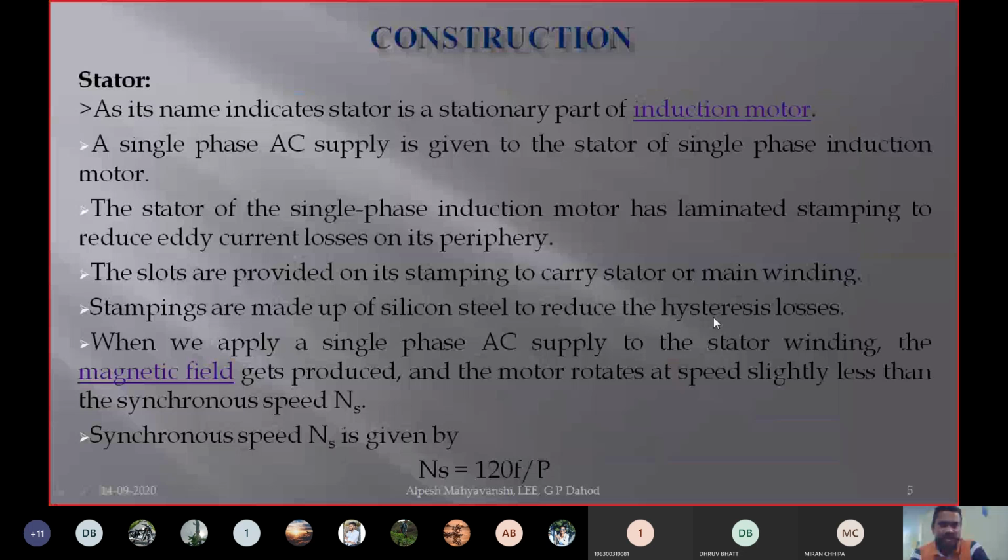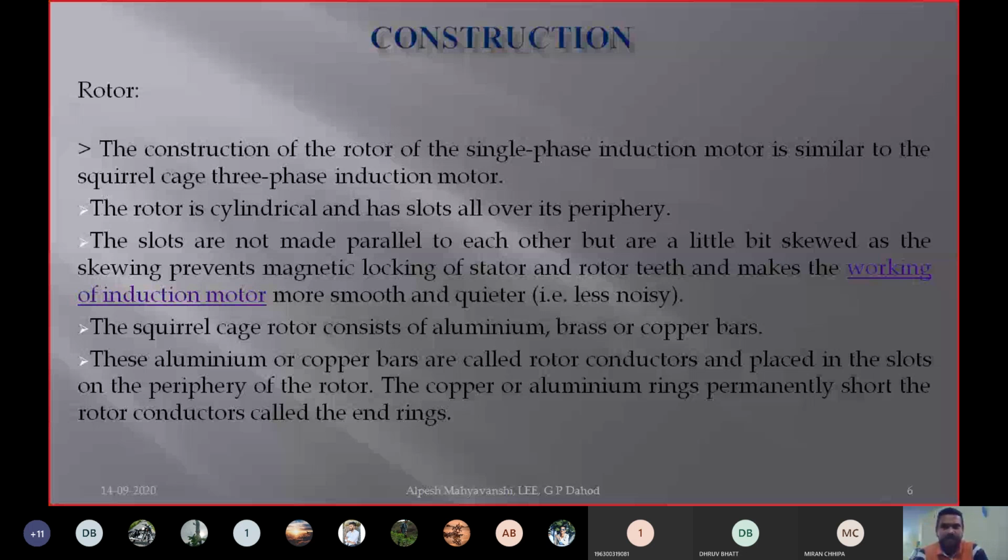Which type of bars are used? Aluminum, brass or copper material is used. The aluminum or copper bars are called rotor conductors and are placed in the slots on the periphery of the rotor. The copper or aluminum rings that permanently short circuit the conductors are called the end rings.